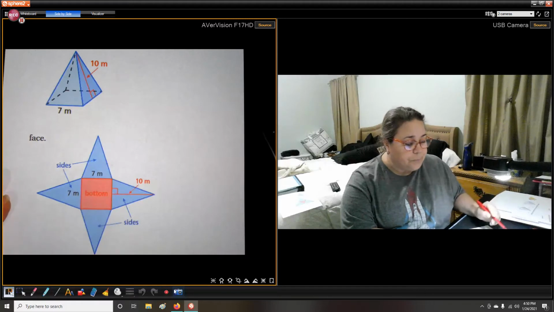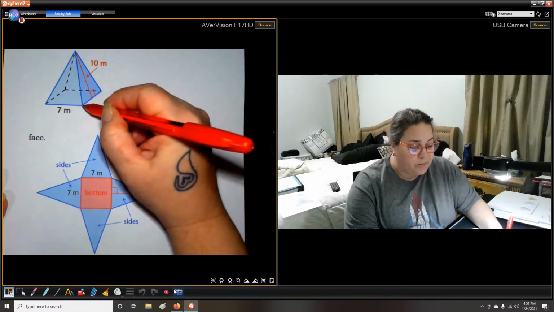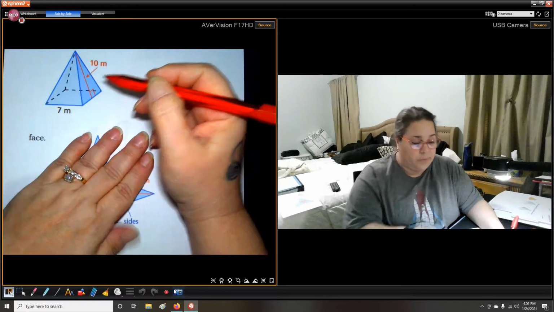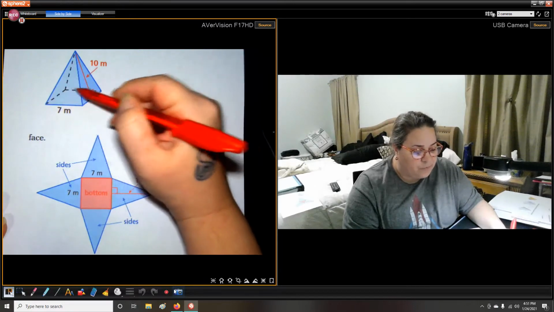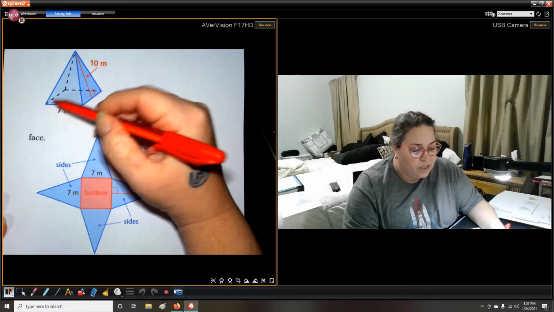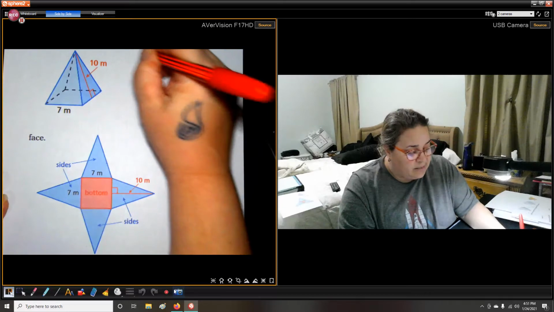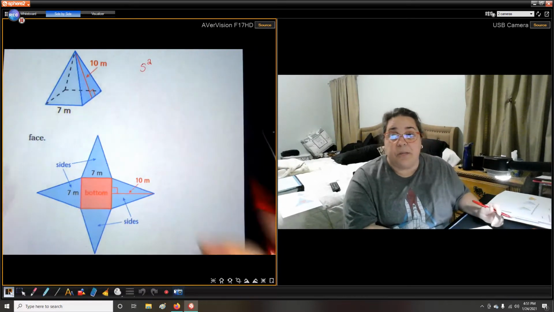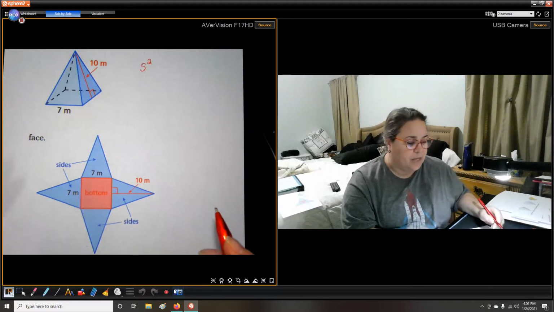Okay. So when we have a square pyramid, we need to first make sure that the bottom is a square because we might not have the net. So we need to get familiar with looking at that bottom. Look for those dotted lines to help us form the shape. And if you look at the bottom, it forms a square. Okay? So we know that the base is side squared because the formula to solve area for a square is side squared.